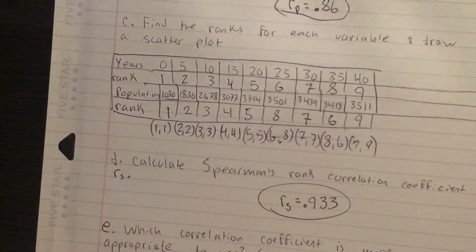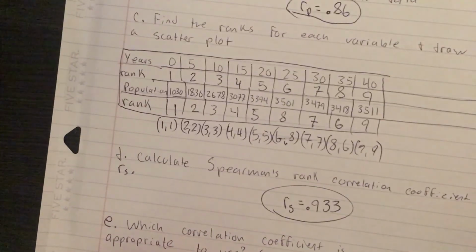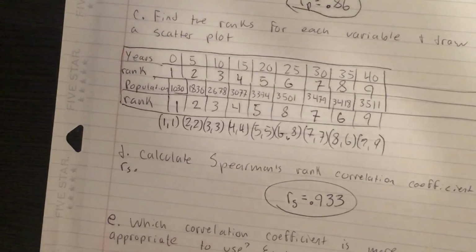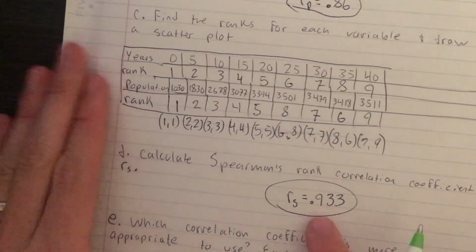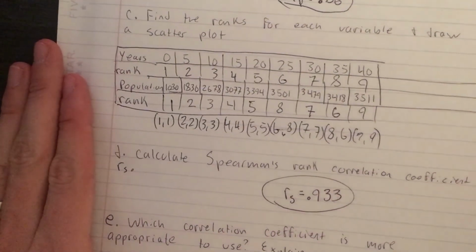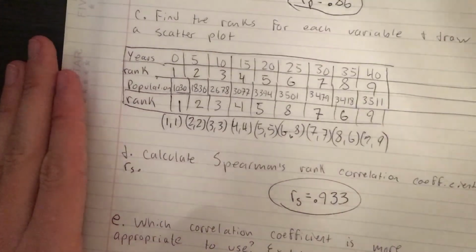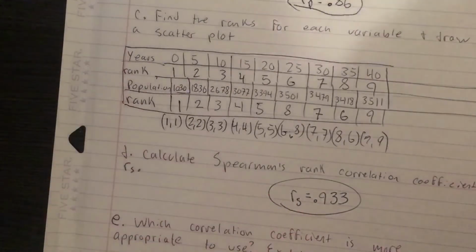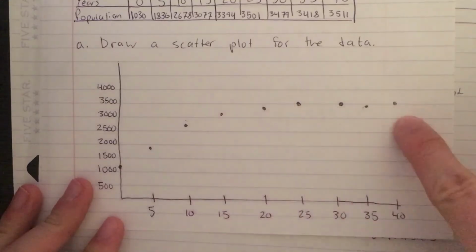So what we're going to say is, which correlation coefficient is more appropriate to use here? And there's a couple things. So the Spearman's coefficient there can tell us that. Also, if we go back and we look at this scatter plot here, we can look and see that that's probably not linear.